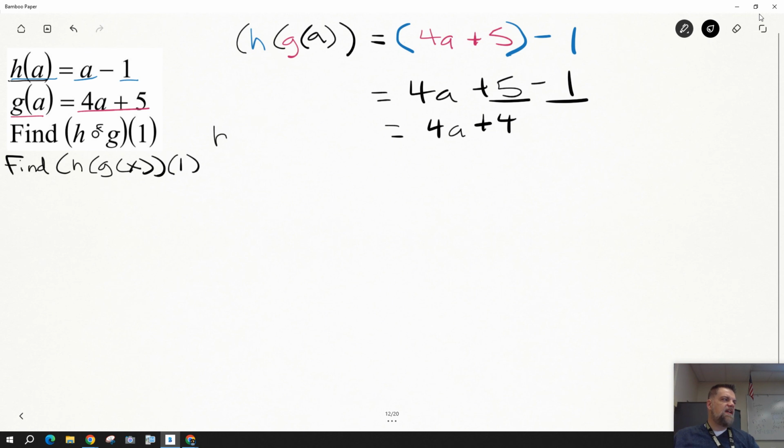So when I say h of g of a, that's equal to h of g of a, and that whole thing condenses down to 4a plus 4.